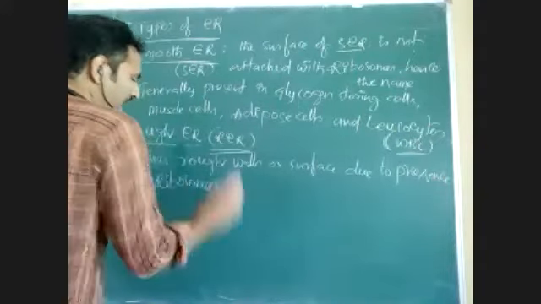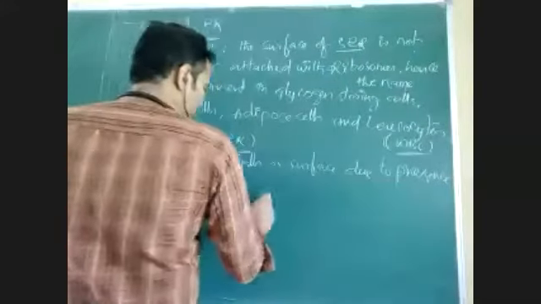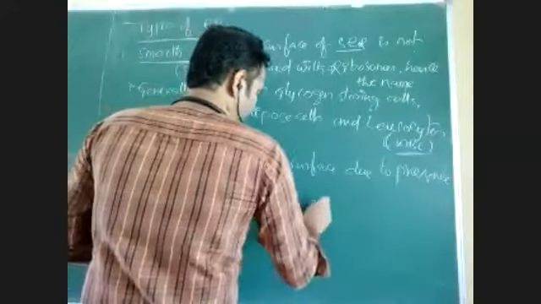Okay, and what is the property of this rough endoplasmic reticulum? It has more number of cisternae than vesicles and tubules.